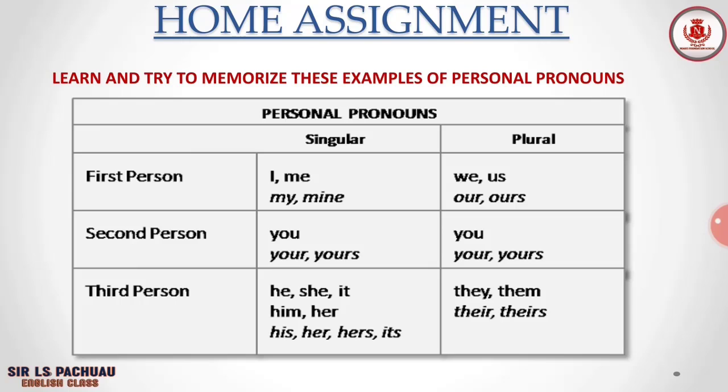So if you can, please try to memorize this by heart, because it is going to be important when we learn subject verb agreement. These first person, second person and third person personal pronouns are going to be important when we learn subject verb agreement. That is why I am asking you to memorize this, or to understand this.